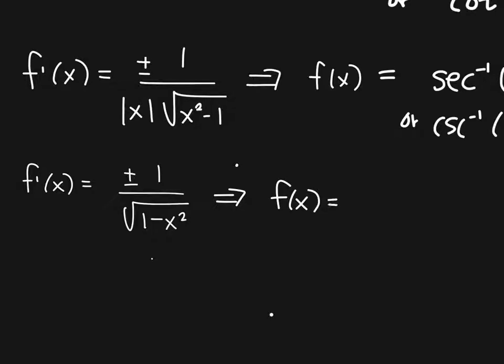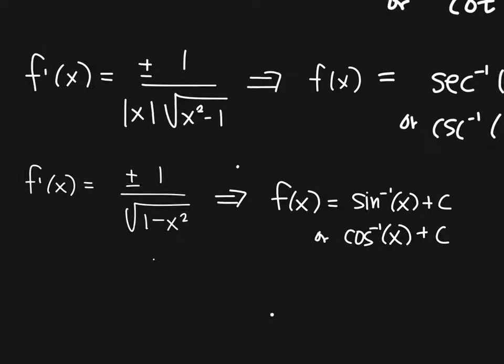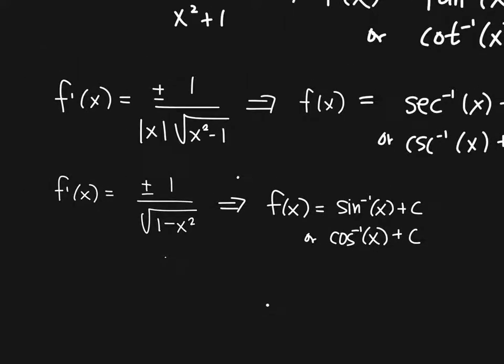Okay, so this is inverse sine of x plus c or inverse cosine of x plus c. And how did we remember which was which? All the cos are negative, right? Anything cotangent, cosecant, cosine, inverse, all of those are associated with the negative value.